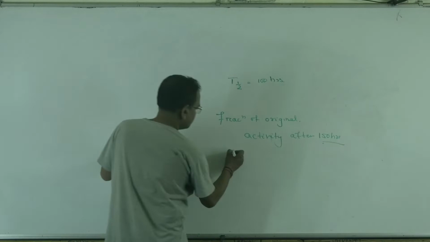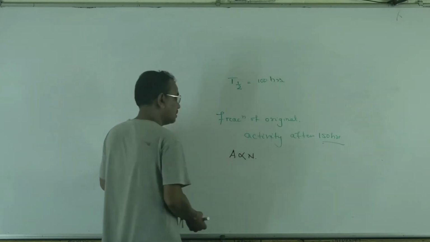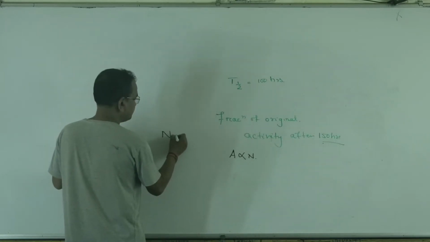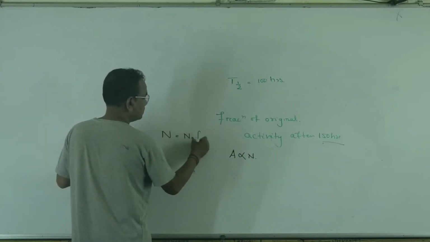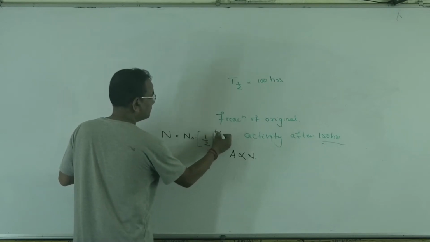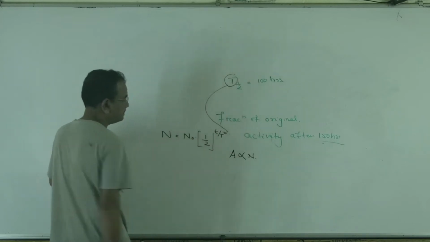Activity is proportional to N, and N is written as N naught into half to the power T by T half.